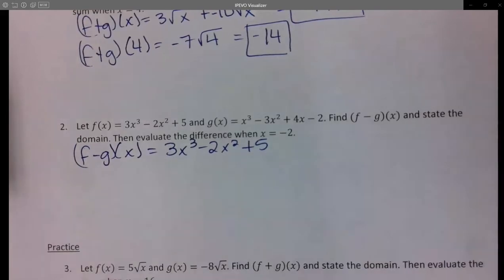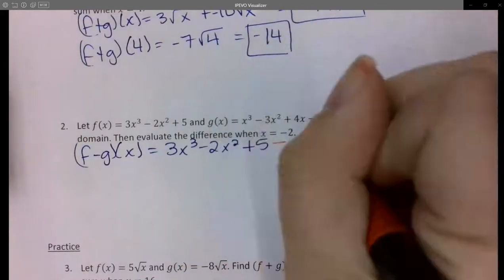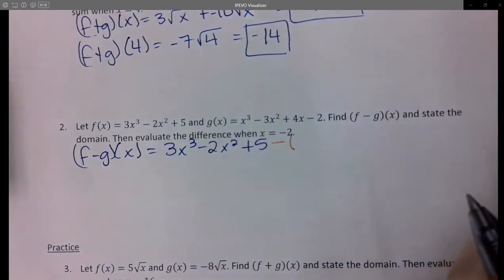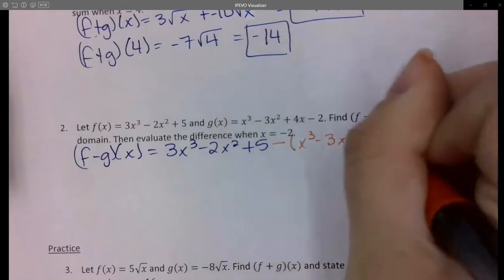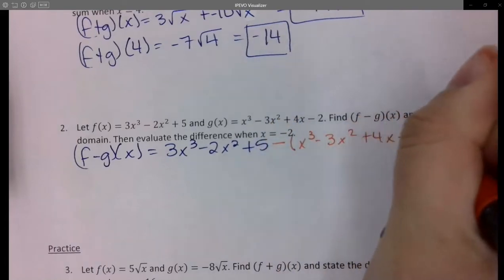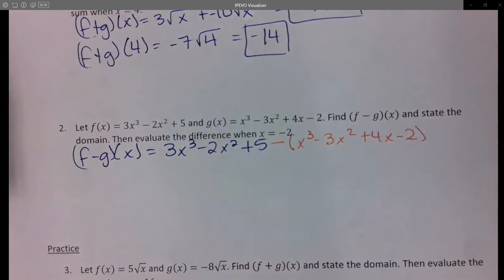Then when I go ahead and write the g of x, I'm going to write minus, and I'm going to write it all in parentheses. So I have x cubed minus 3x squared plus 4x minus 2, and that was the g of x function.